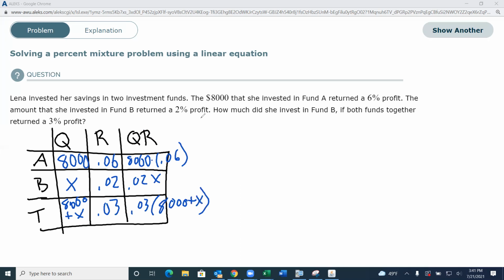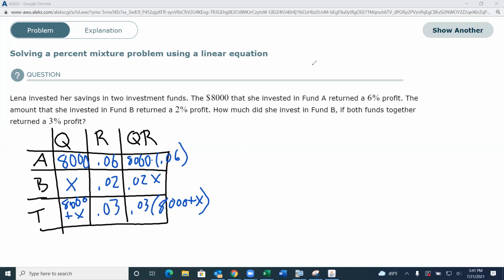I know I'm apparently getting very good at making boxes that are too small. Remember, in the columns that involve Q, when you add the first two together, you get the total. So we're going to use that from the QR column.